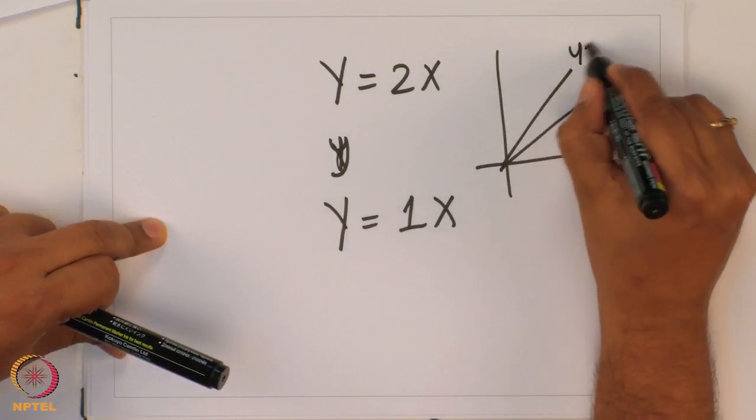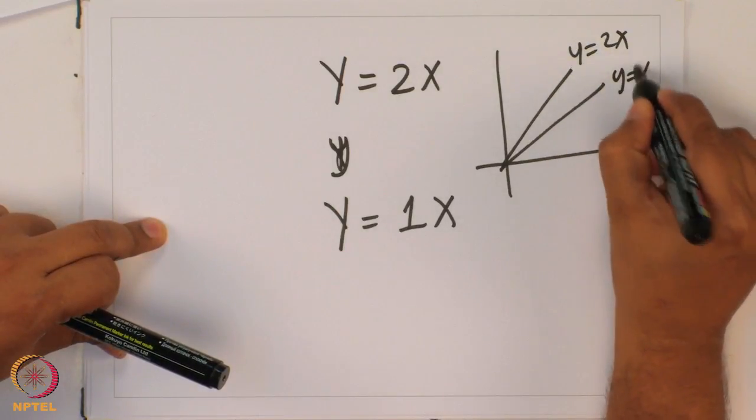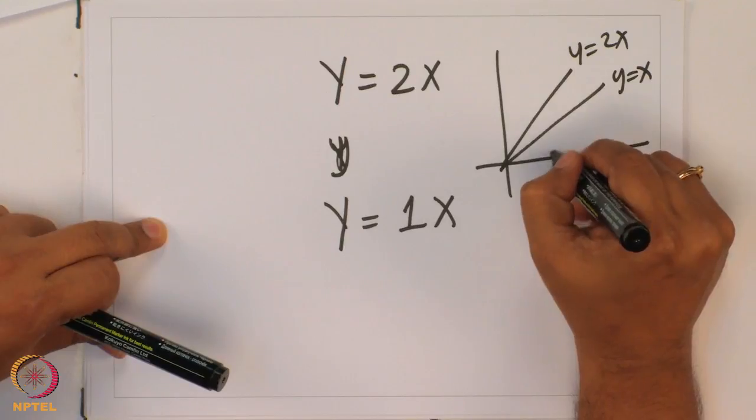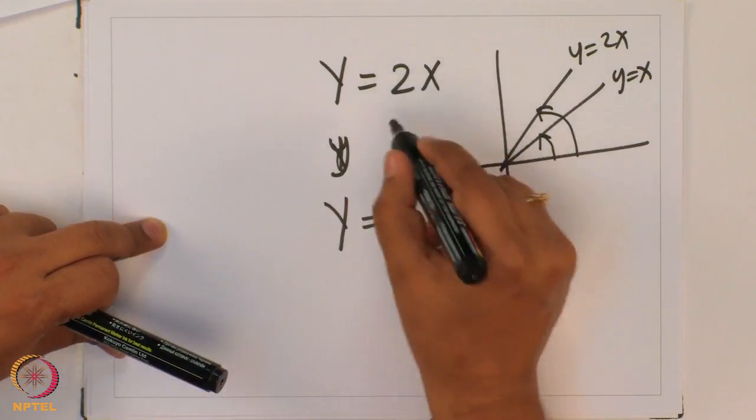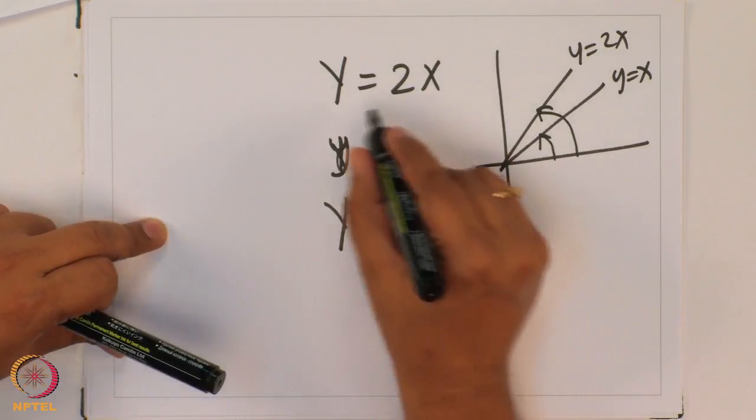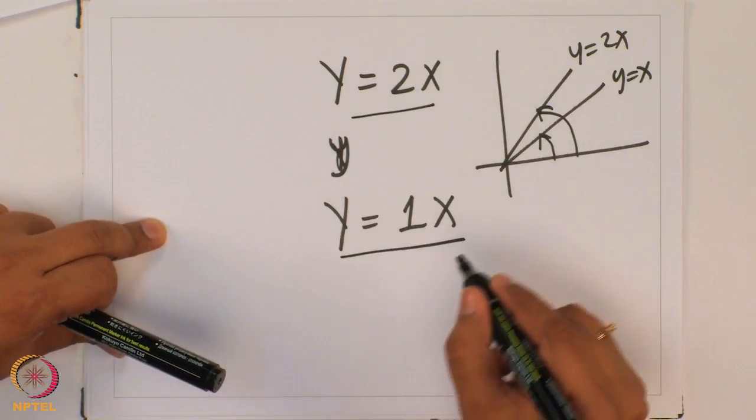This is y is equal to 2x, this is y is equal to x. This is more slanted, so this has a higher slope compared to this.